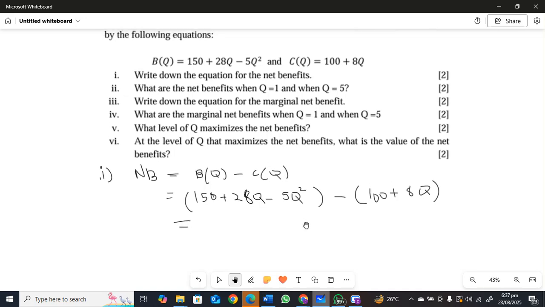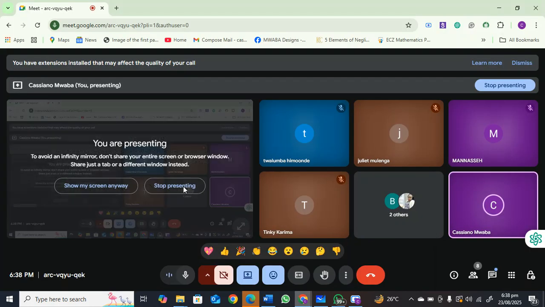So give me the answer before I finish solving. Because as I said, there is a lot of mathematics in managerial economics, so you have to be comfortable with it. I'll wait for someone to give me the answer, then I solve. Is that okay, colleagues? Is that okay, Mr. Himonde?